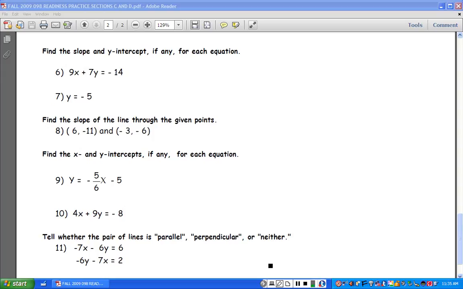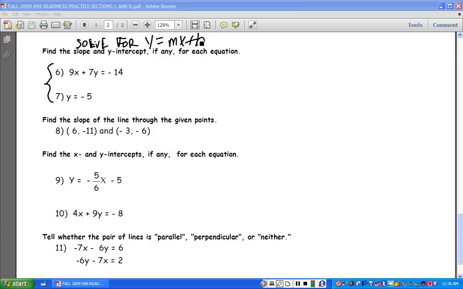So once again, for these 2 problems, solve for y. Y equals mx plus b. Okay, solving for y once again.